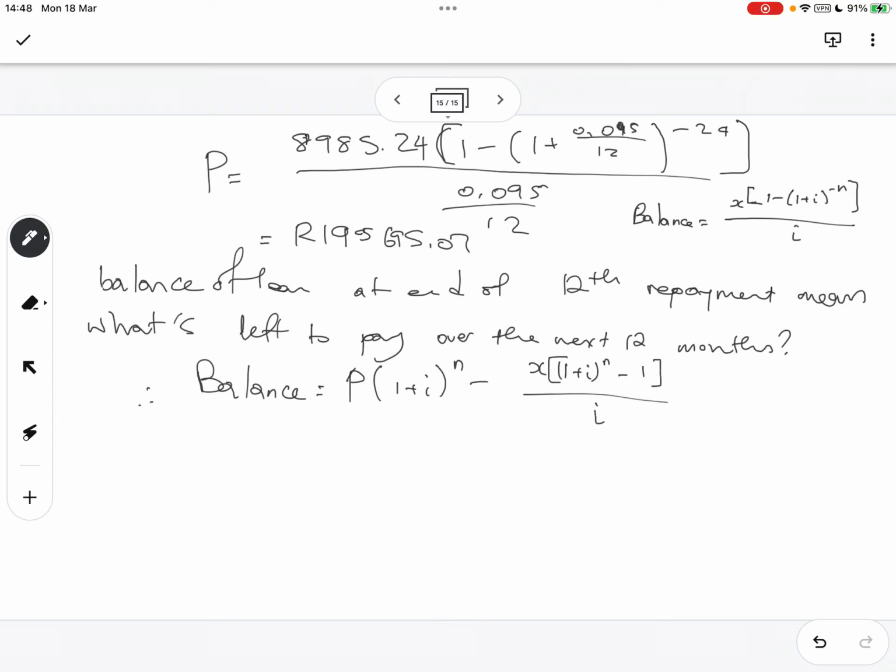And if we think about it, this is kind of like saying future value, compound interest: loan and accrued interest, minus the first year's payments and interest, the first 12 months.